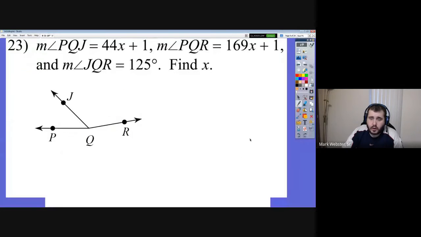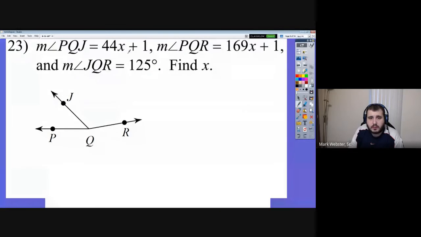All right, so one more, and again, I'm gonna just speed through this one right now. So the two parts are PQJ and RQJ or JQR. So just be aware, they're switching up the order of stuff. Don't let that confuse you.